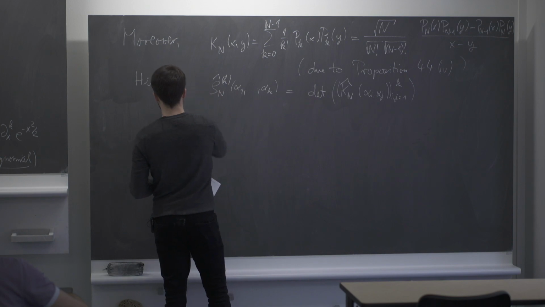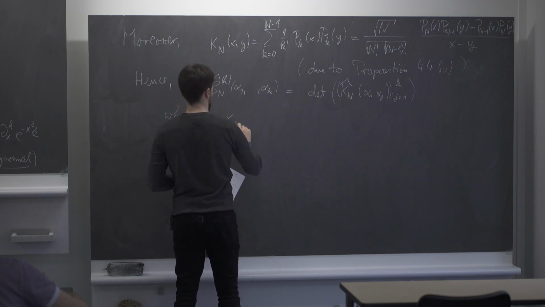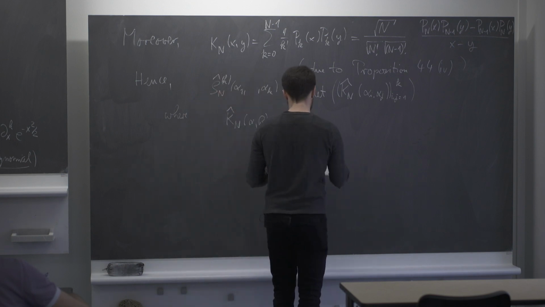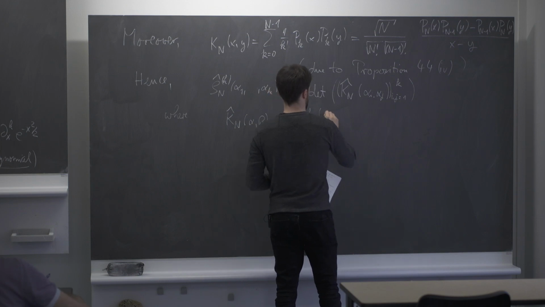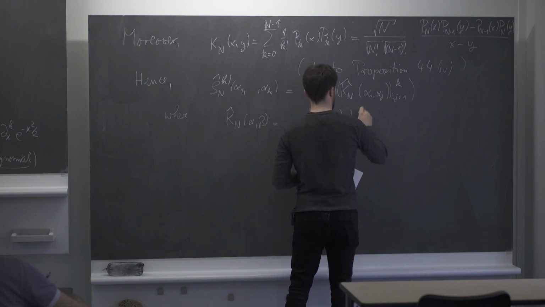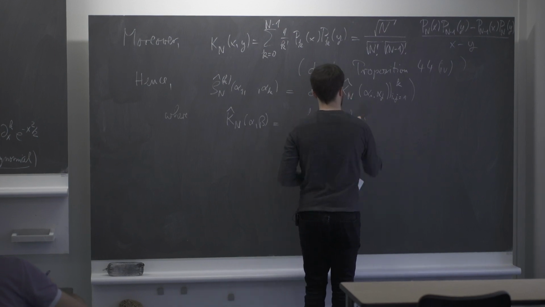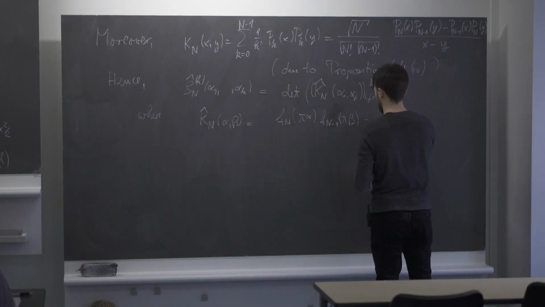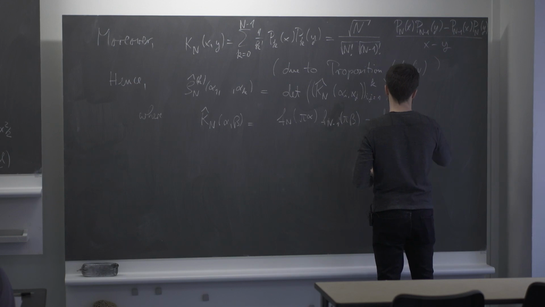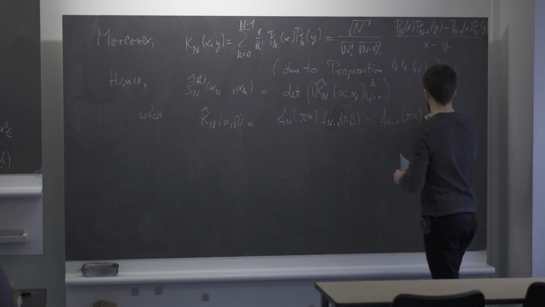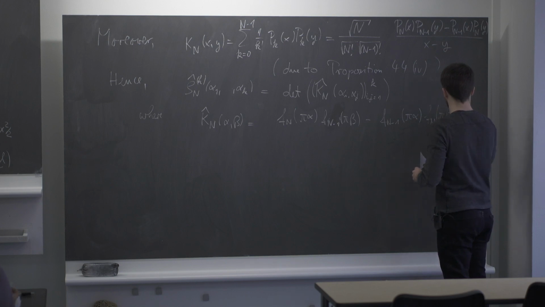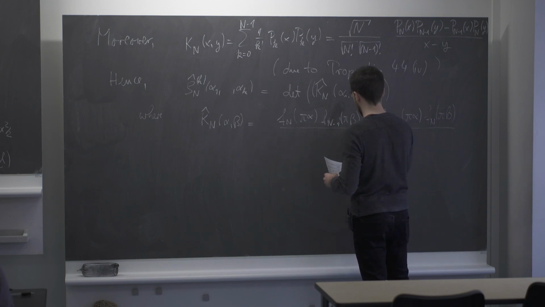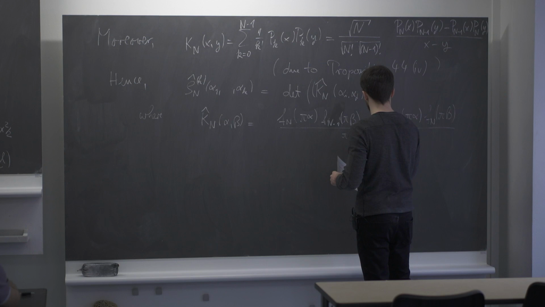And the kernel looks as follows. I will already write it in some kind of nice form. So I write it as f_n(pi alpha) f_{n-1}(pi beta) minus f_{n-1}(pi alpha) f_n(pi beta), divided by pi(alpha minus beta).